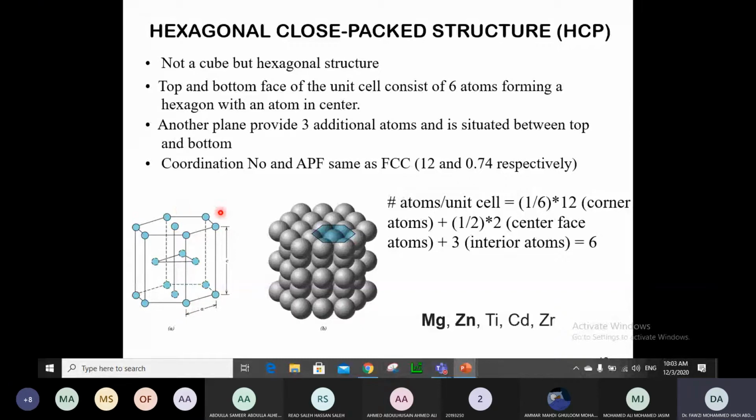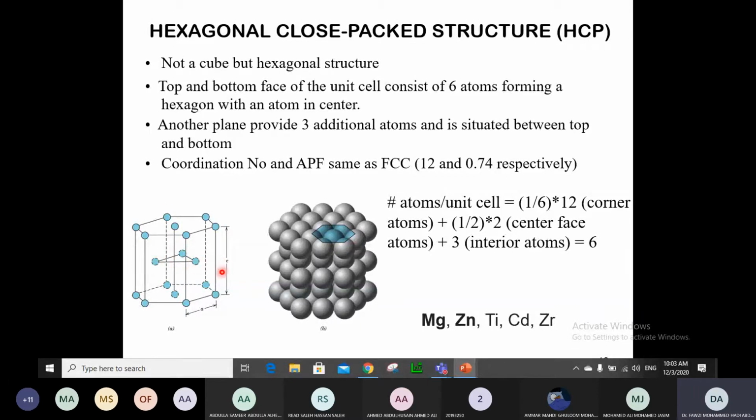So this is a hexagonal prism, as you could see there, and the shape is completely different from the cubic crystal structure, in that you have 6 corner atoms making a hexagon on the top, and another 6 atoms in the corners, 1, 2, 3, 4, 5, 6, making a hexagon as well. You have a face atom in this face, and another face atom there as well, in addition to 3 internal atoms making this triangle, as you could see down here.